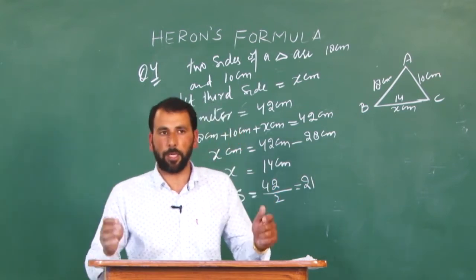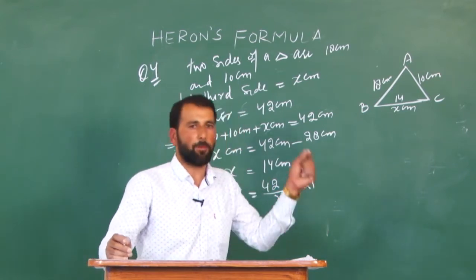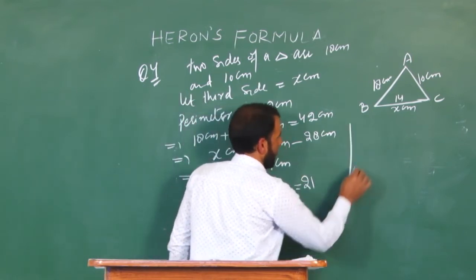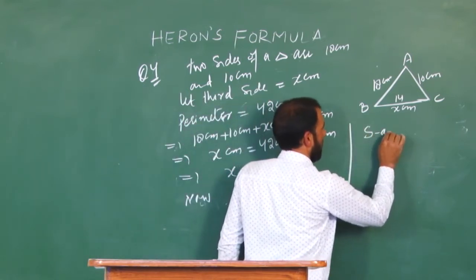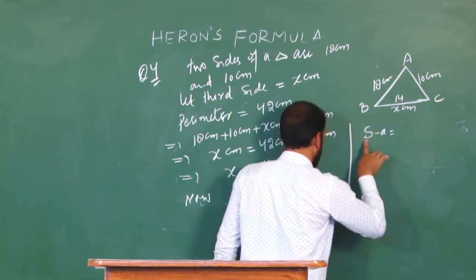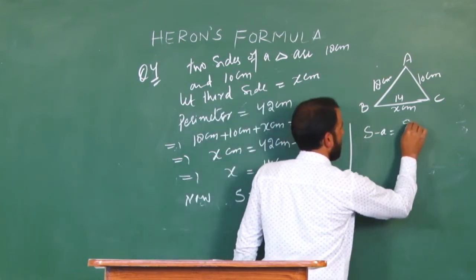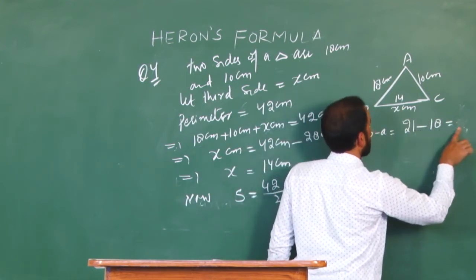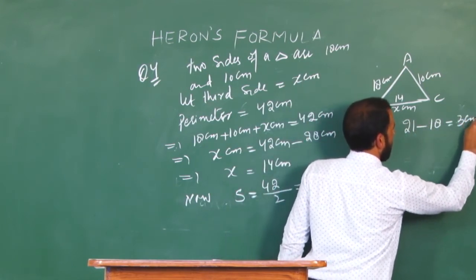Now after finding the semi-perimeter, we can find S minus A, S minus B and S minus C. Now here, what is S minus A? The semi-perimeter is 21, minus A means one side, that is 18, that equals 3 centimeter.